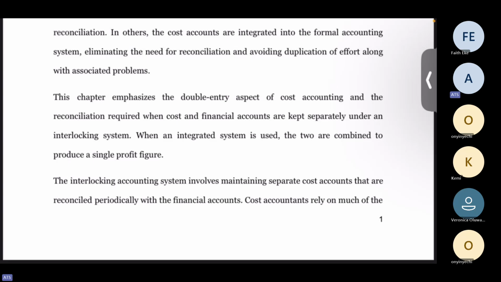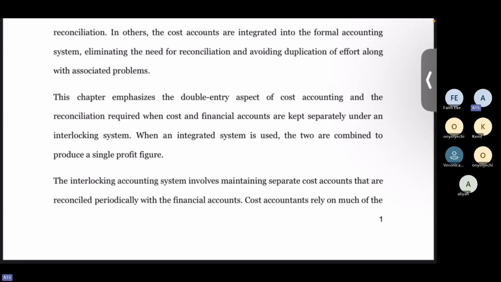However, an interlocking accounting system involves maintaining separate cost accounts that are reconciled periodically with financial accounts. So in an interlocking system, you prepare your cost accounts separate from your financial accounts.